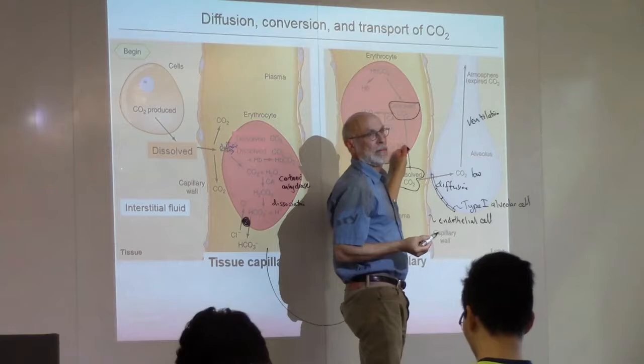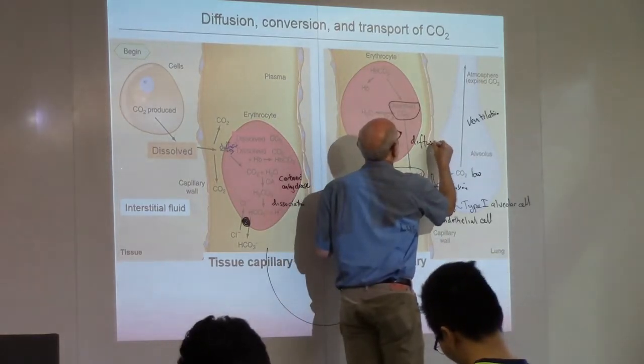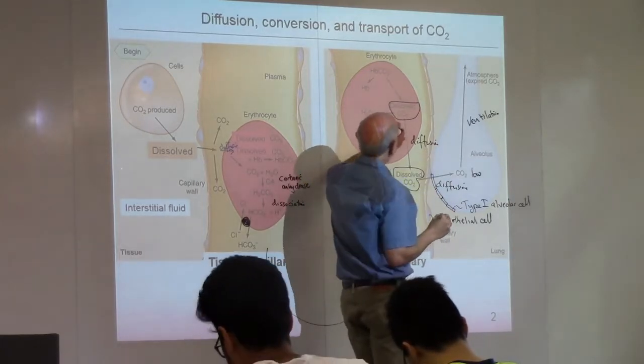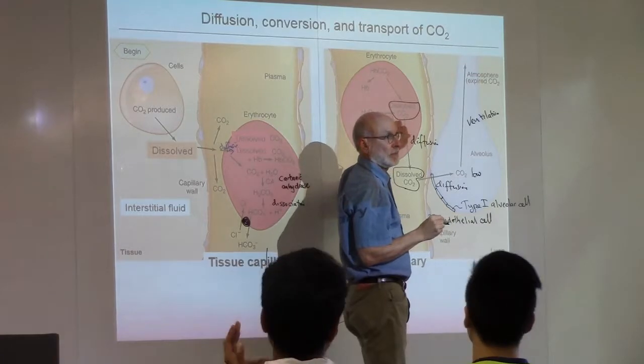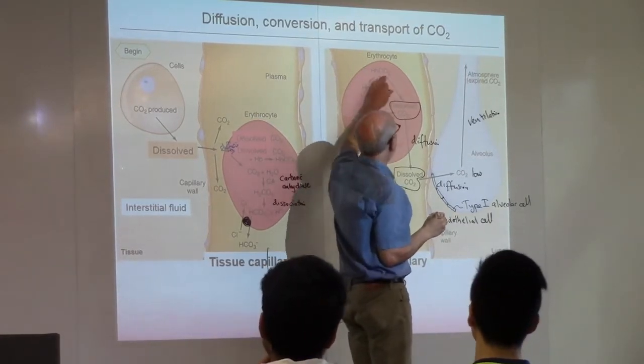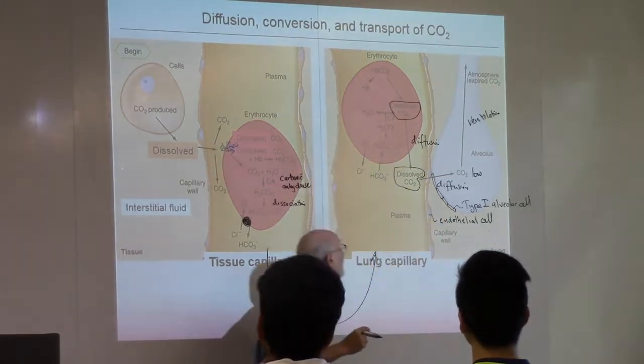What's this arrow? Diffusion. Some of this CO2 was not from, well, where did this dissolved CO2 come from?